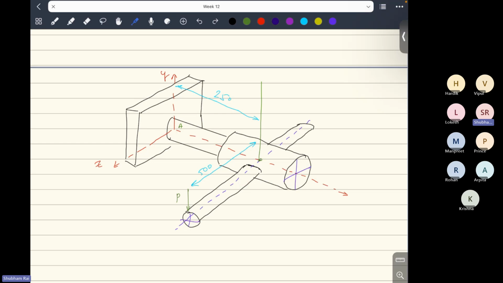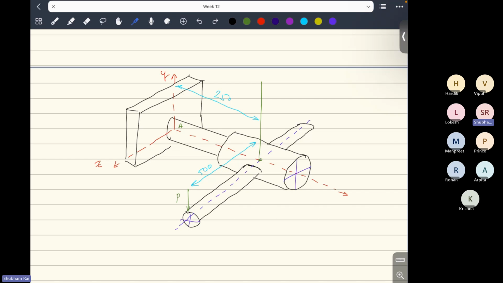That will be transferred here, and this will introduce bending moment. So bending moment will be P into 250, because if you draw the free body diagram, at this point this torsion will act in this direction, and then there will be a shear force in downward direction. When there's force in downward direction, that will introduce bending moment, and that bending moment will be P into 250, and then it will also introduce some shear force in this cross section.